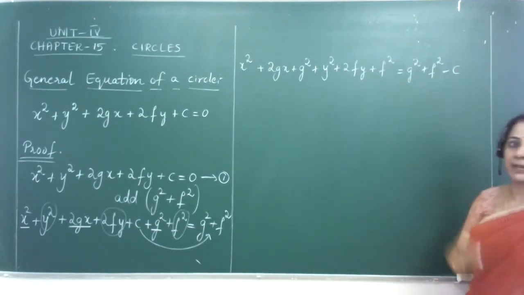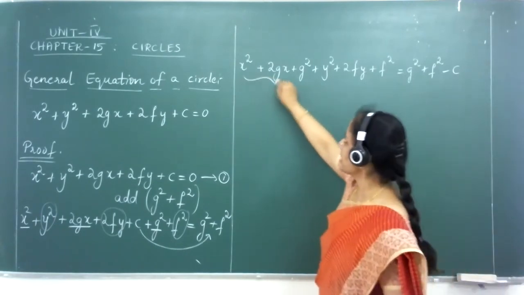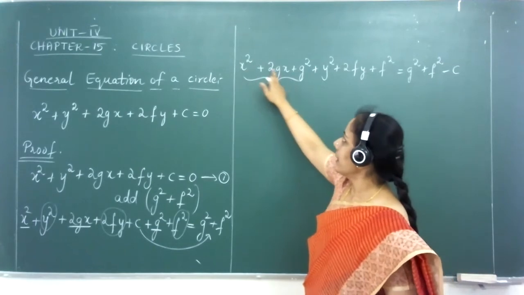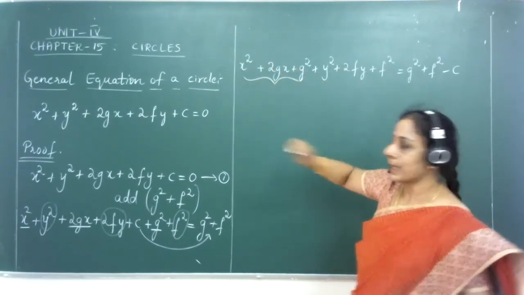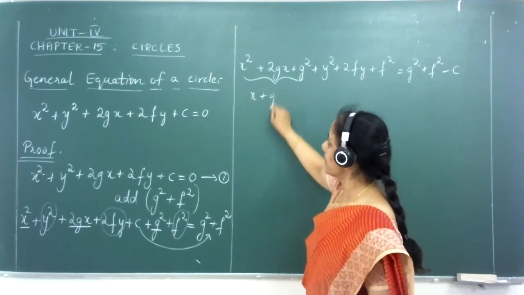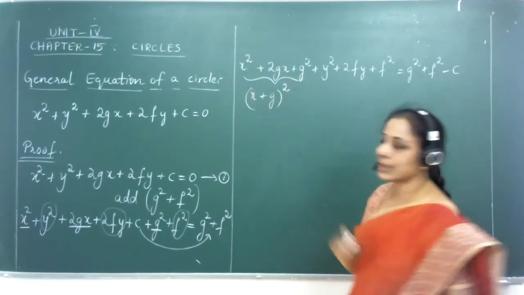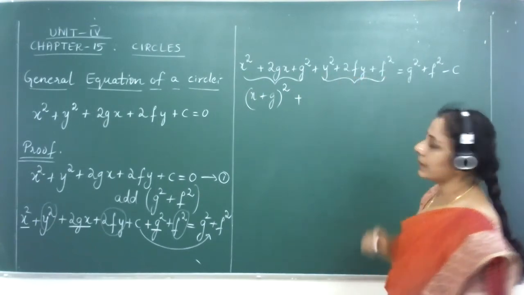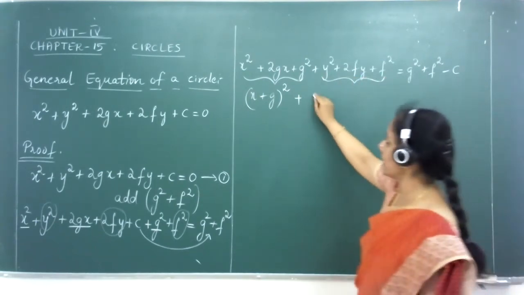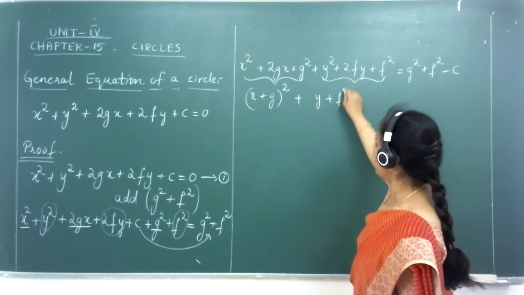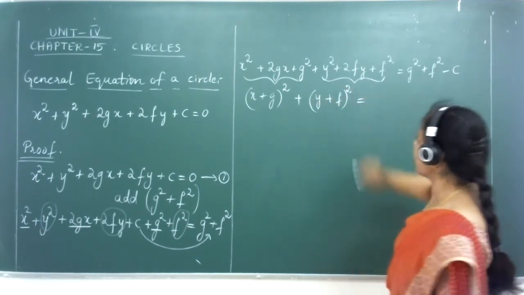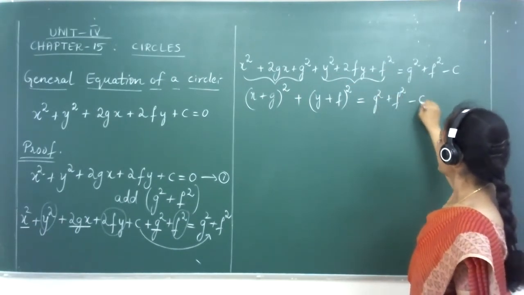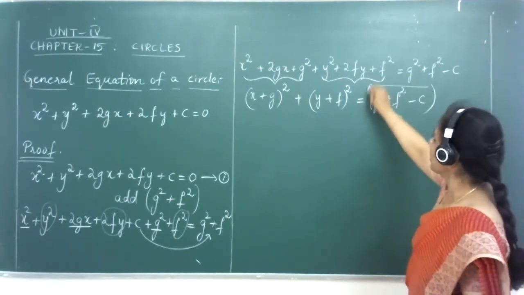The same equation we have rewritten here. The first three terms here in the LHS are in the form a squared plus 2ab plus b squared, and thus it is expressed as x plus g the whole squared in its condensed form. Likewise, y squared plus 2fy plus f squared is rewritten as y plus f the whole squared, which is equal to square root of g squared plus f squared minus c the whole squared.